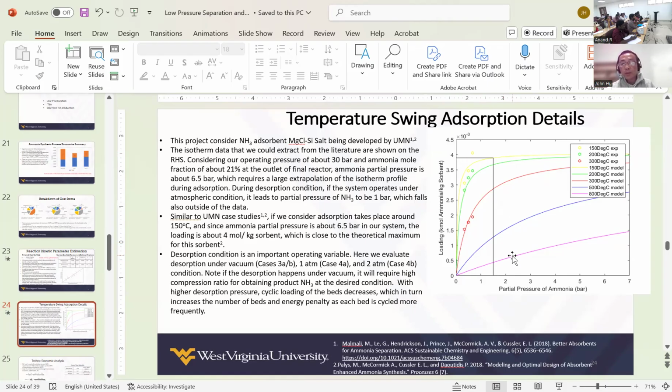Even with the reliable data, we found we can only work in the low pressure range, which is about 1.5 bar ammonia partial pressure. Because this is experimental data, we have to extend it, which means extrapolate, because in the laboratory, they can only measure at ambient pressure or a little bit lower than ambient pressure.